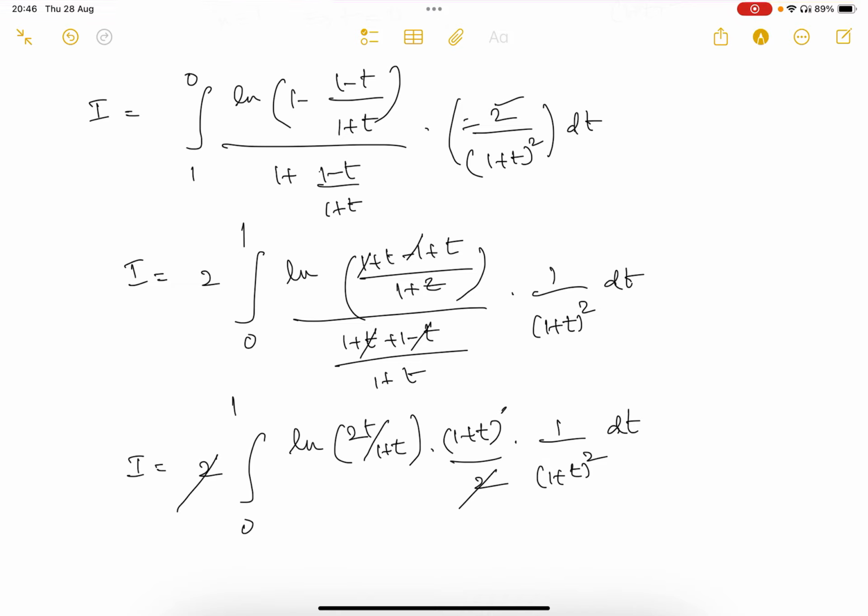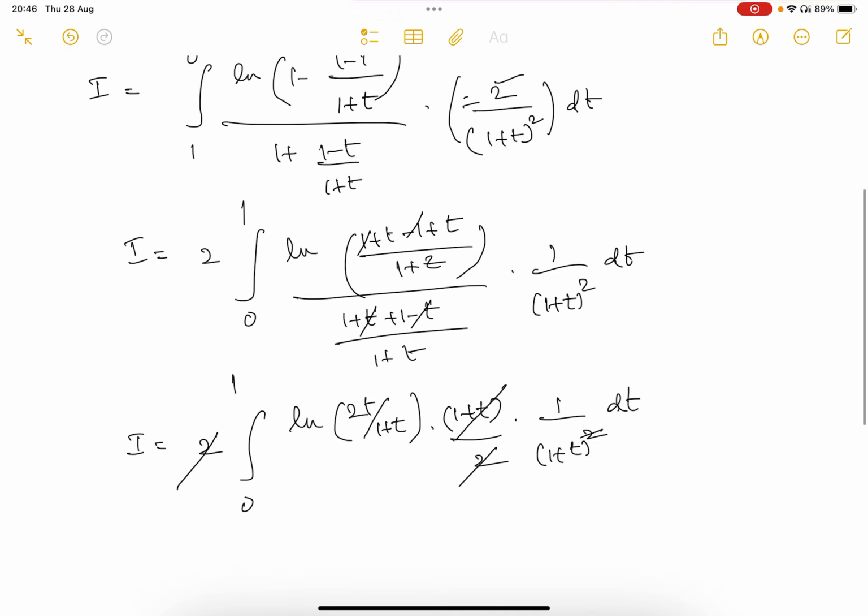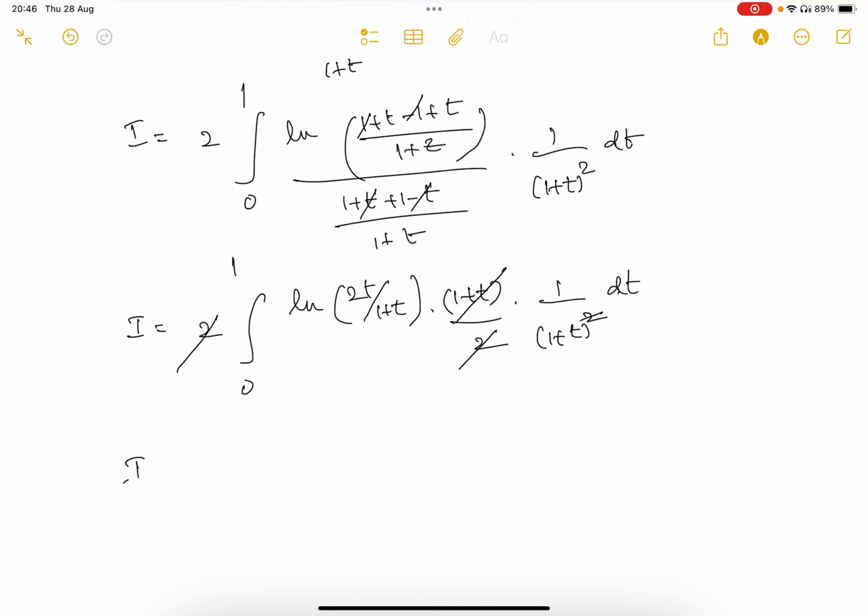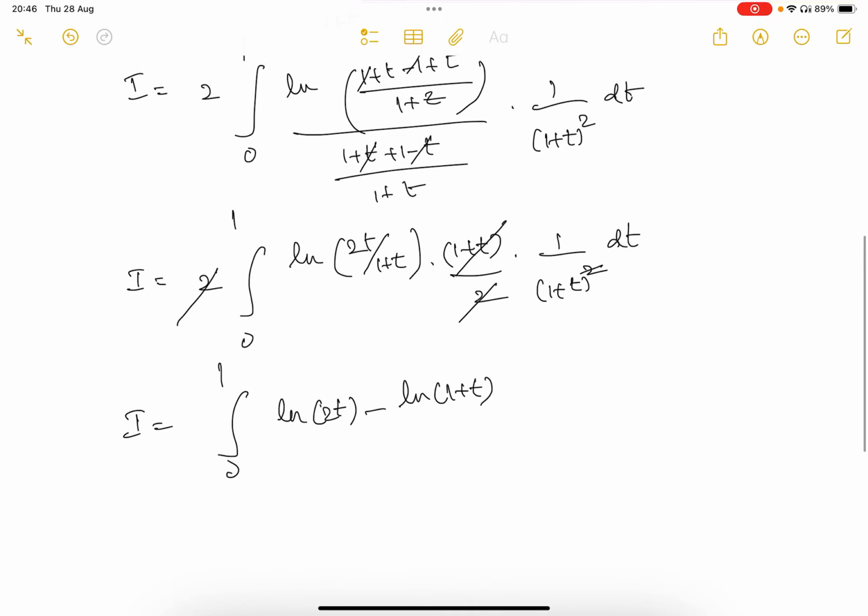These two will go off and one of this (1 plus t) will get cancelled. So we are left with I equal to integral 0 to 1 of (ln 2t minus ln of 1 plus t) by (1 plus t) dt.